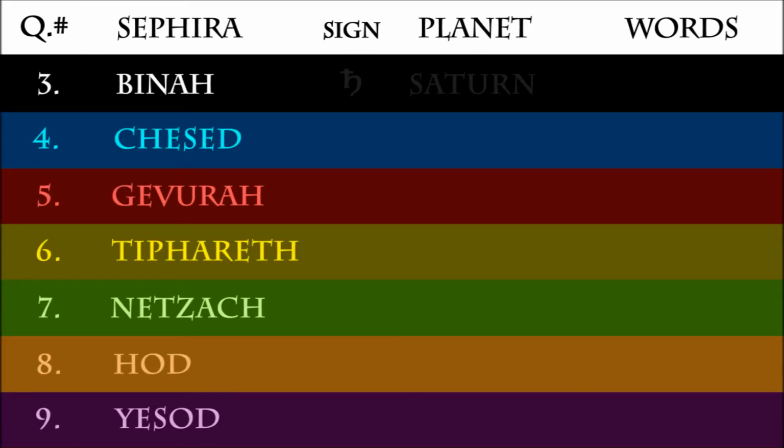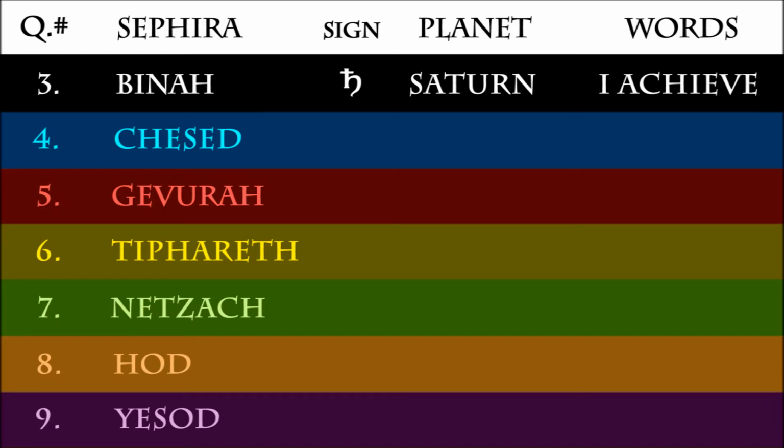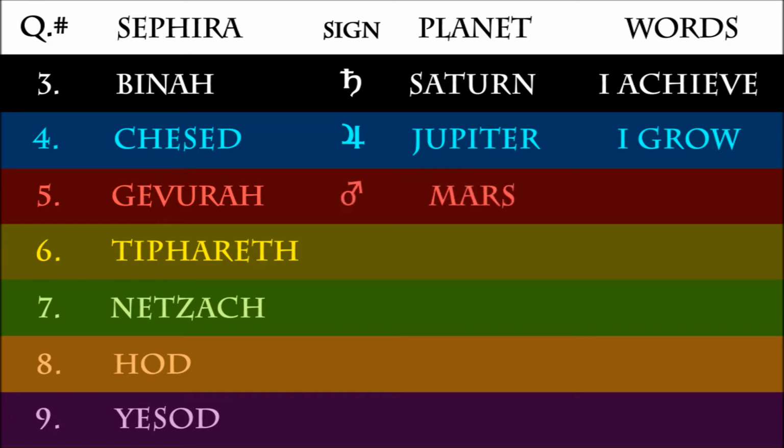We'll start first with Saturn. We've already talked about Saturn. Saturn's words are I achieve. Next up, we have Jupiter, who says I grow. Then we have Mars, who says I act.